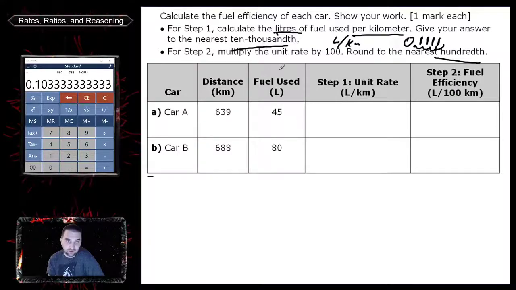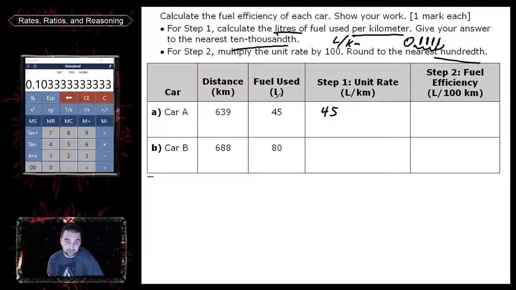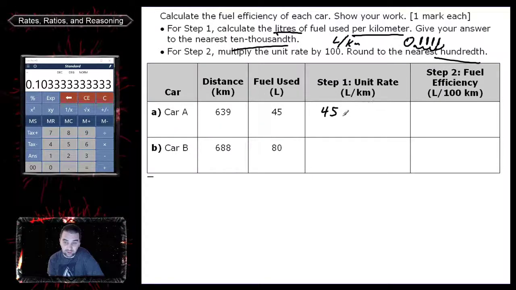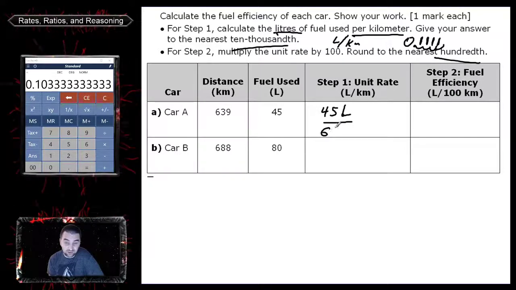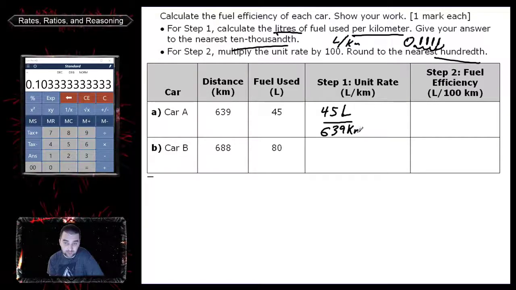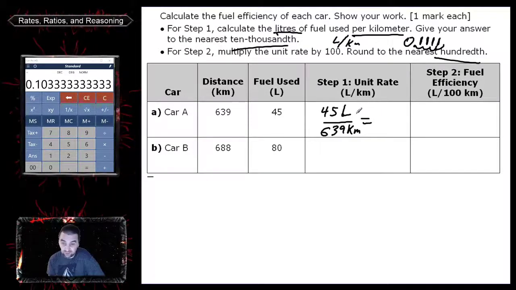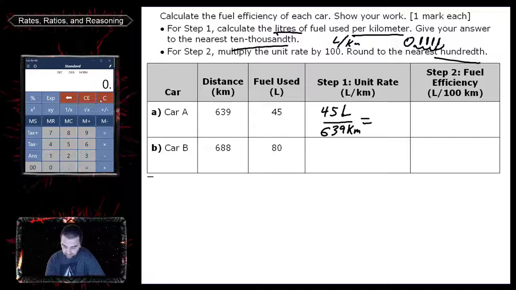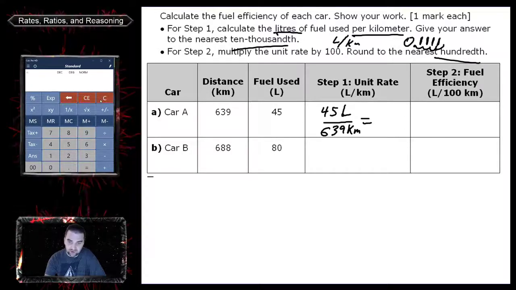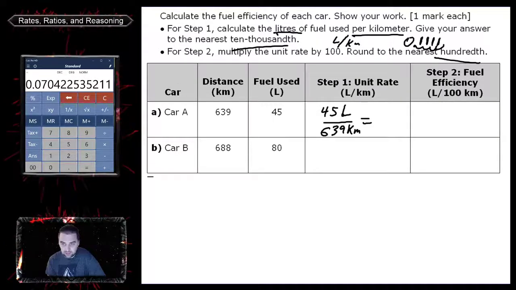So for step 1, we calculate liters per kilometer. Car A used 45 liters and went a distance of 639 kilometers. Now we're converting that into a unit rate, so we want how many liters per 1 kilometer. That's going to be super ugly because it's a small number divided by a big number. On the calculator, 45 liters divided by 639 kilometers.